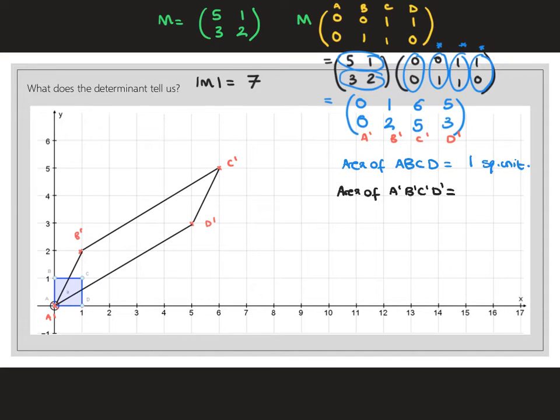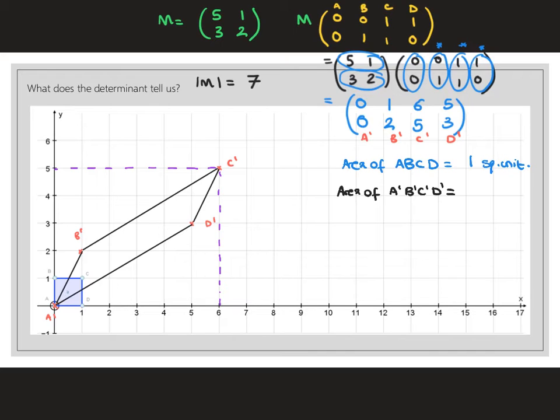Well, there are lots of ways in which we could do this. An easy way is to actually notice that we could work out the area of this rectangle overall and then subtract the areas that we don't wish to include.